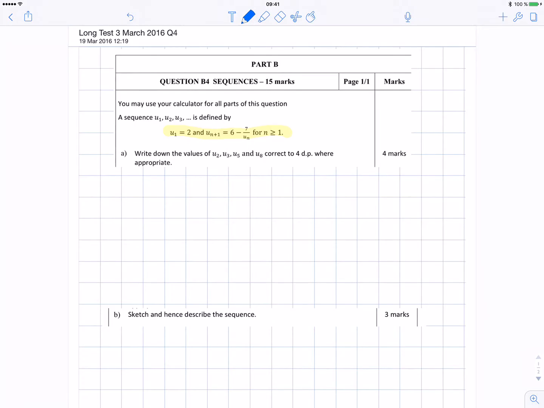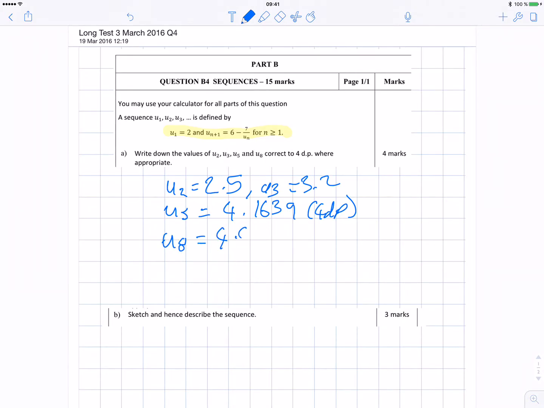Anyway, the numbers I'm looking for: u2 is equal to 2.5, u3 is equal to 3.2, u5 is equal to 4.1639 to 4 dp, and u8 is equal to 4.4015 to 4 dp.